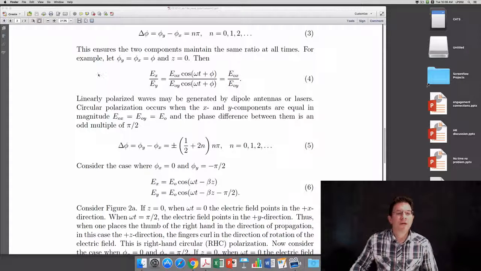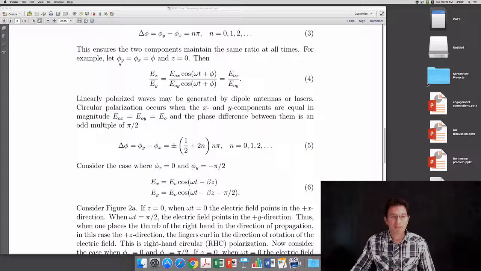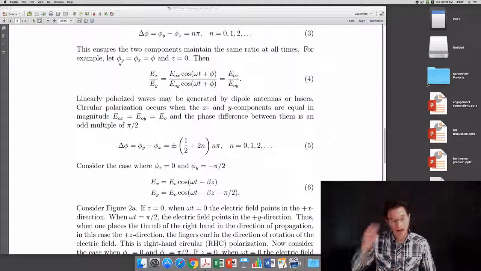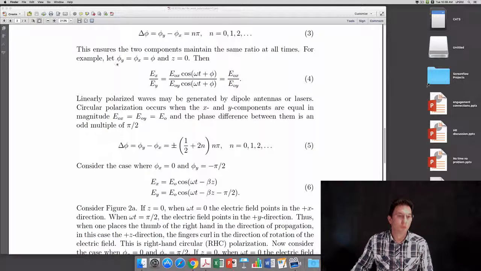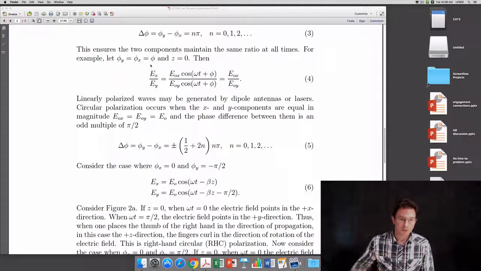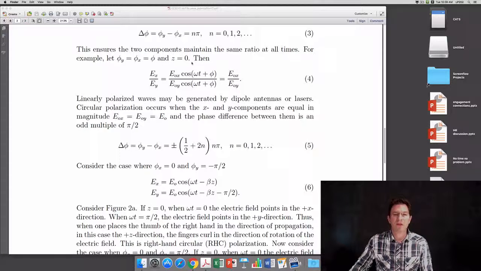First, let's say, for example, that delta phi is equal to 0, or there's no phase difference, which is to say that the phase of the y component is the same as the phase of the x component. We'll just call that phase phi. We're going to pick a particular position, in this case z equals 0, and let time run.